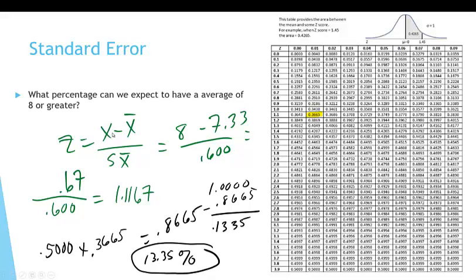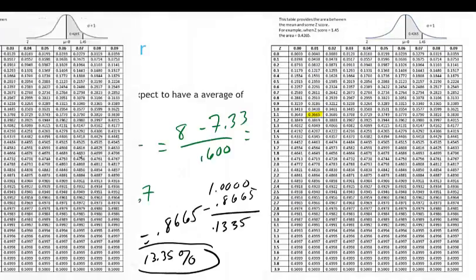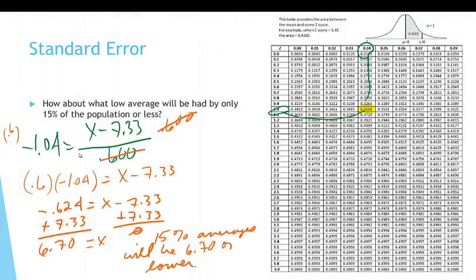Instead of looking for z, we actually can figure out z, and now what we're going to do is look for x. So what's the low average? This is just slightly tricky, so follow me here.